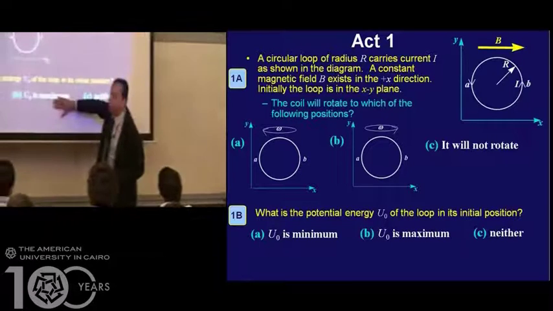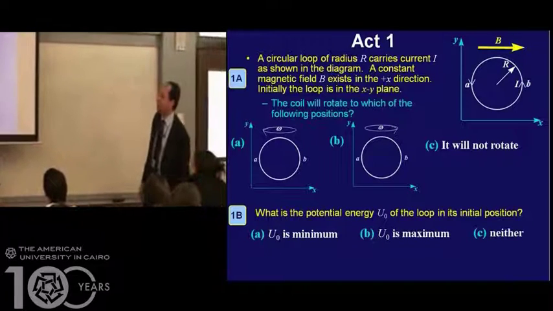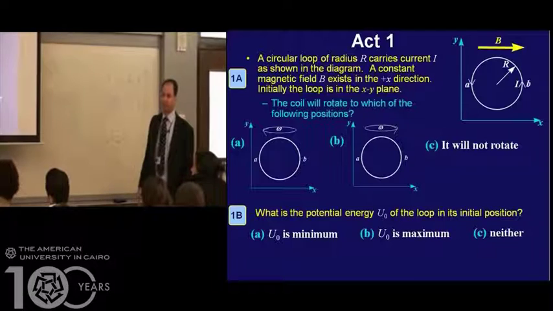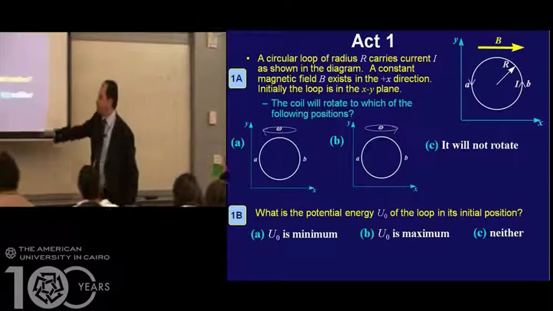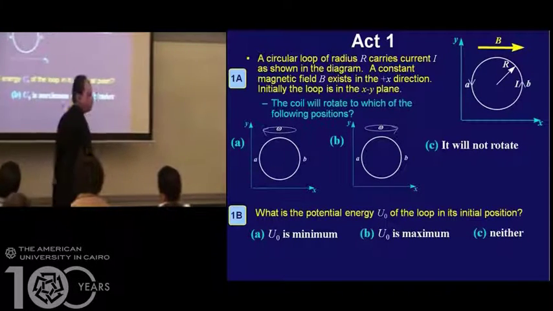Guys, part B. What is the potential energy U of the loop in its initial position? Neither. Minimum, maximum, neither.